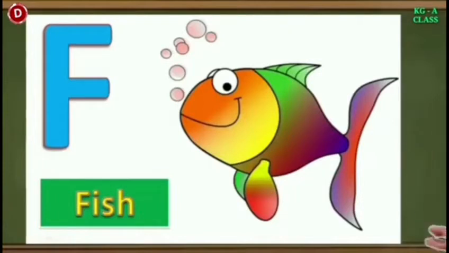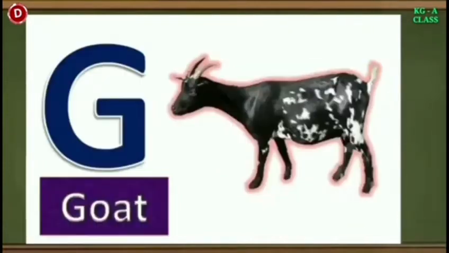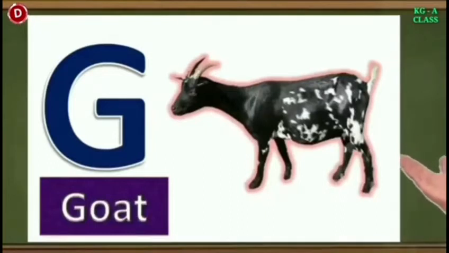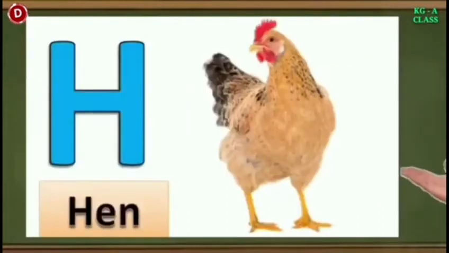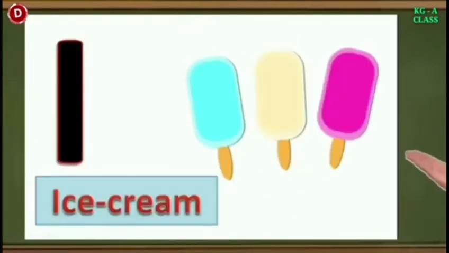F for fish. Children, this is G. G for goat. Now comes H. H for hen. Children, the next letter is I. I for ice cream. We all love to eat ice cream in summers.